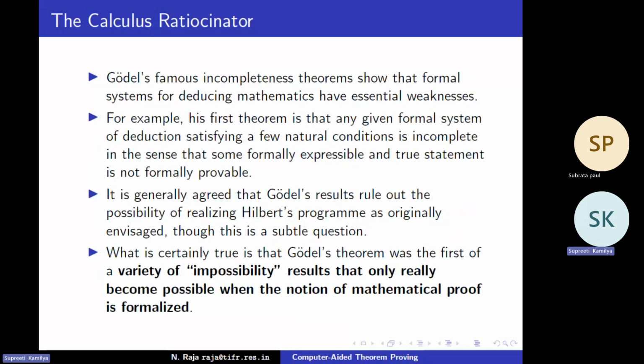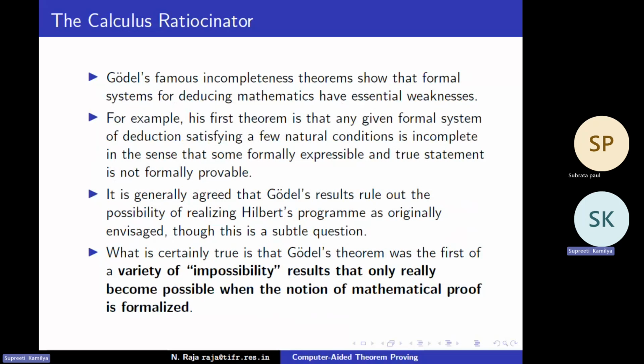But then we know that Gödel came along, and there was a major blow to Hilbert's program. There are these famous incompleteness theorems which show that formal systems for deducing mathematics have their own essential weaknesses.